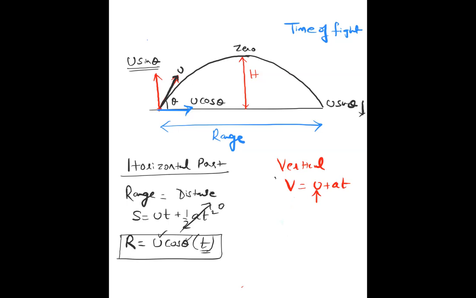What we will do is we will take only half motion. Okay, half motion. That means from here till here only. Okay, only this much motion. Half motion, so half vertical motion.